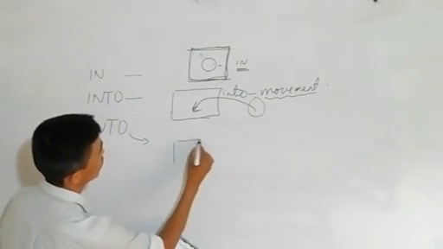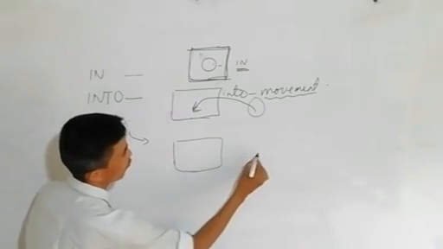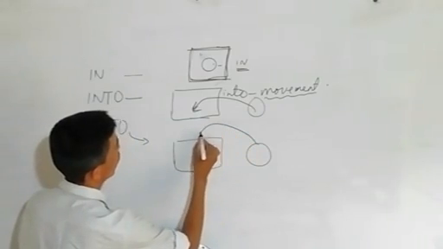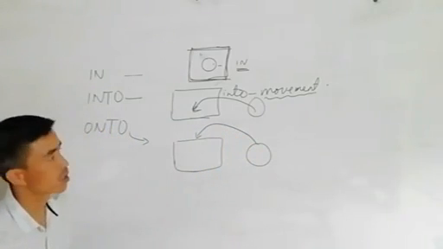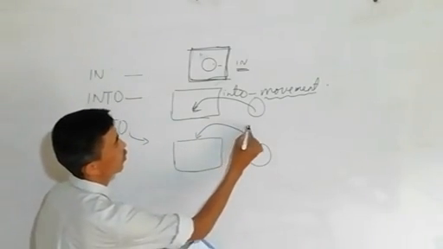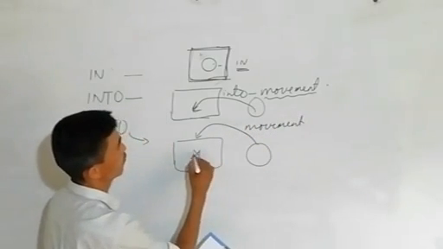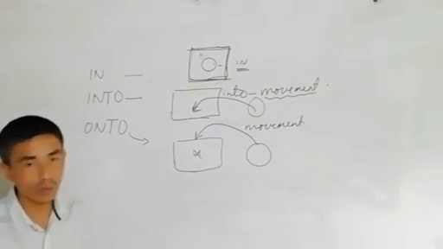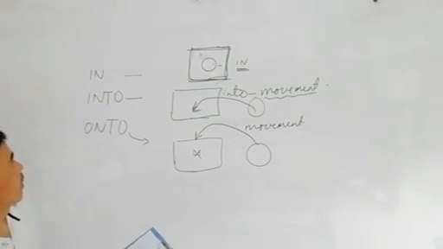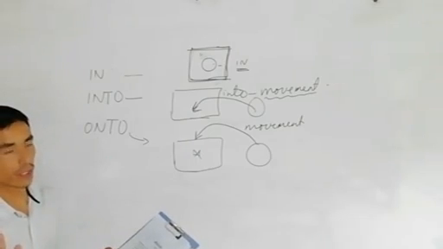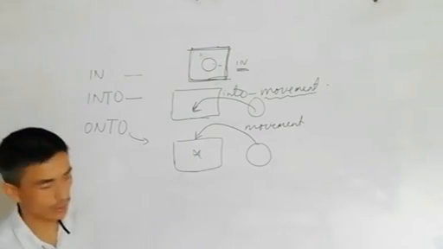When I say onto, I throw the ball onto the box. Again, this is also movement. Not inside this time, but on the top of it. So: in, into, onto. Into is very important, you should remember it.